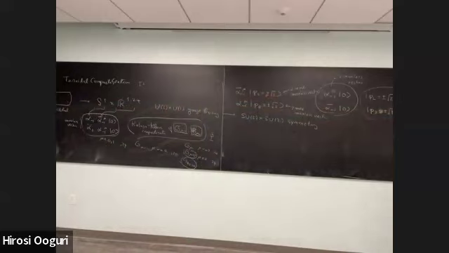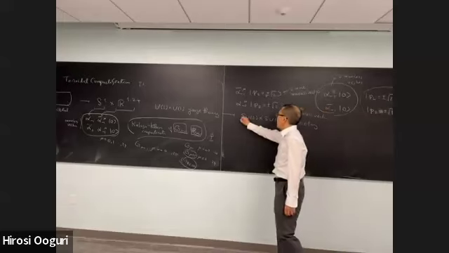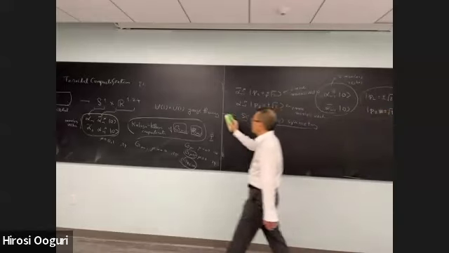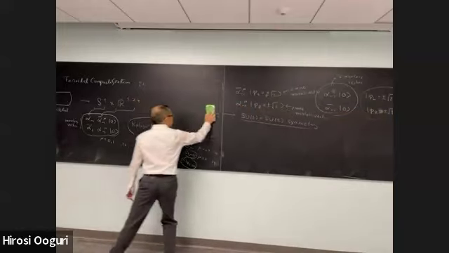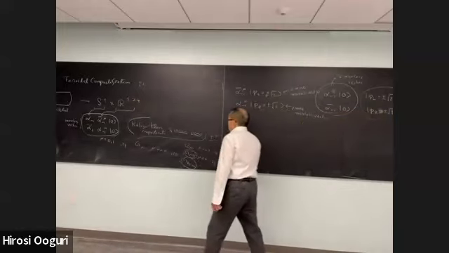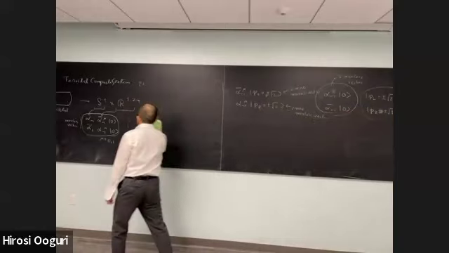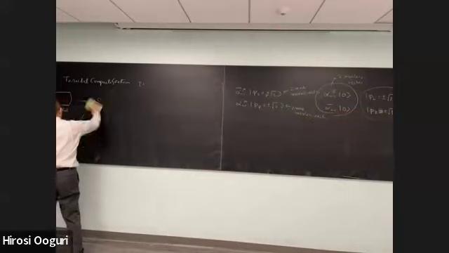Okay. So how do you see that the symmetry is actually SU2 cross SU2? Let me finally explain how this works. But to see that, I'm going to use the state operator correspondence that we considered earlier.